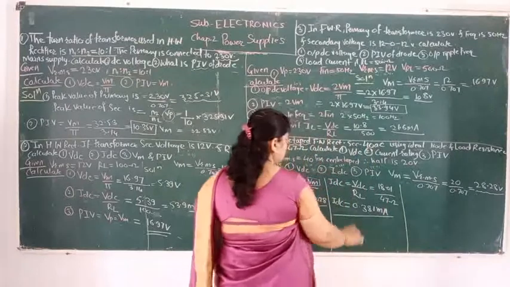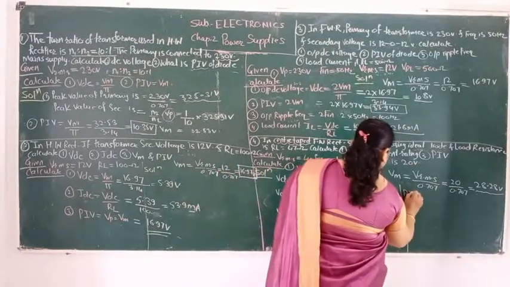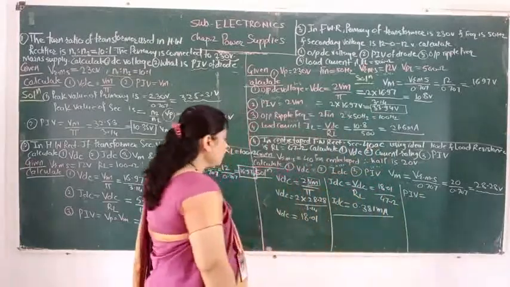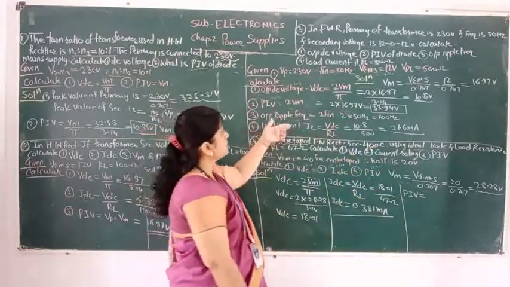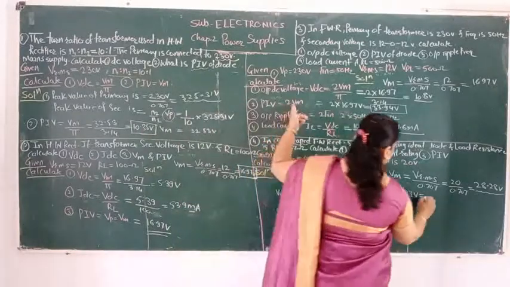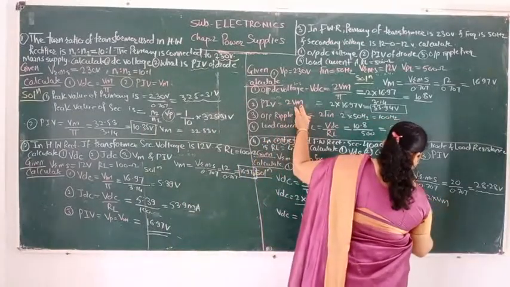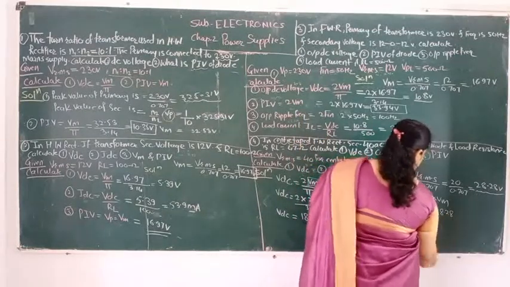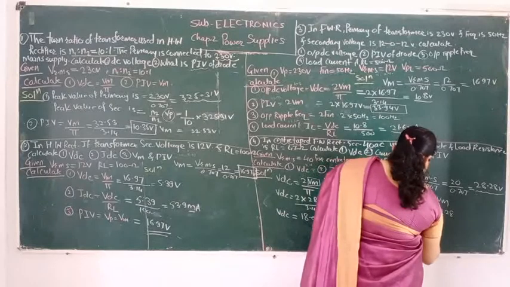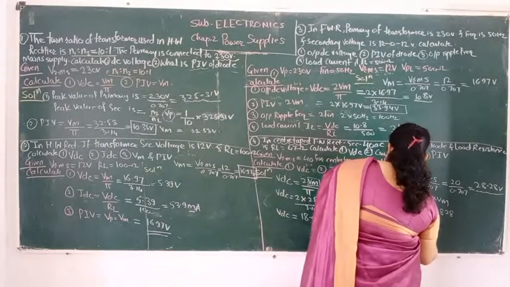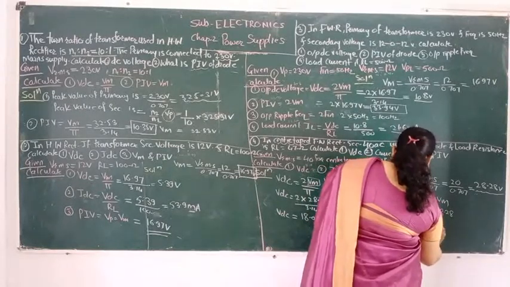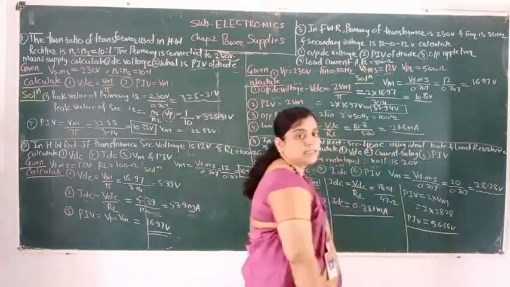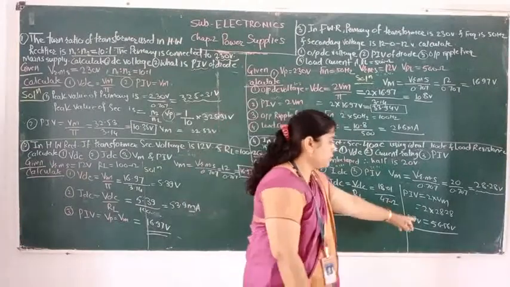So now last is the PIV. PIV is what? Peak inverse voltage. Peak inverse voltage for a full wave rectifier is 2 Vm, 2 into Vm. So this is 2 into the value of Vm, which is 28.28 volt. Then PIV is 56.56 volt.